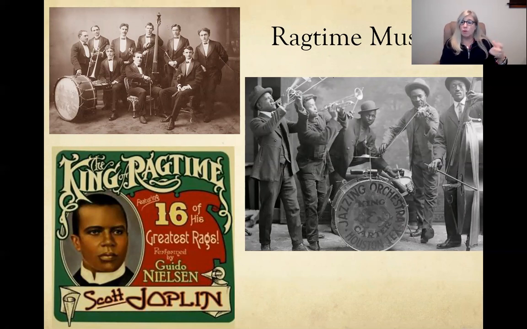The main founder, I guess you could call it the founder of the ragtime sound was this man, Scott Joplin, and he was well known across the United States for his music that was very, very popular. It was fun, it was upbeat, and ragtime was definitely the sound that comes about a little bit before jazz.